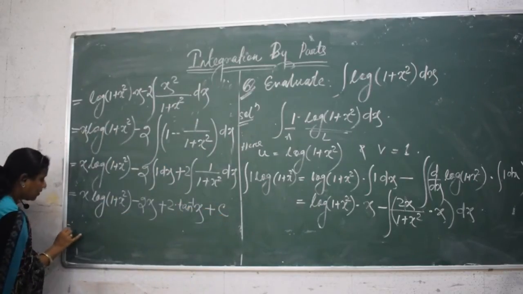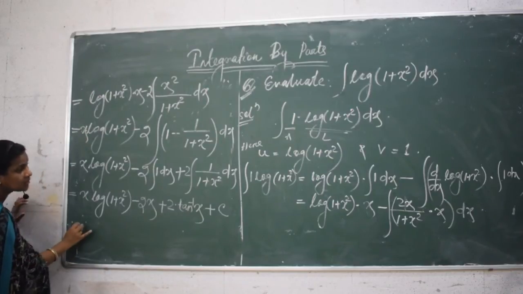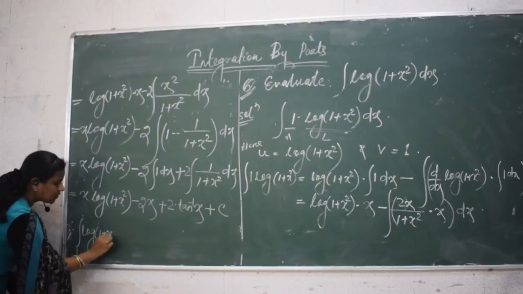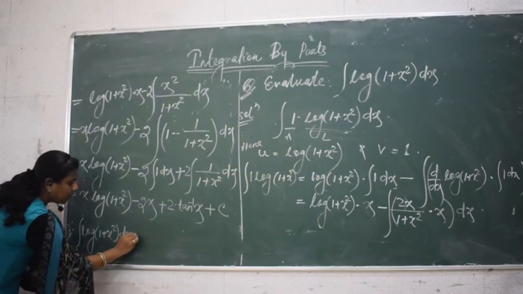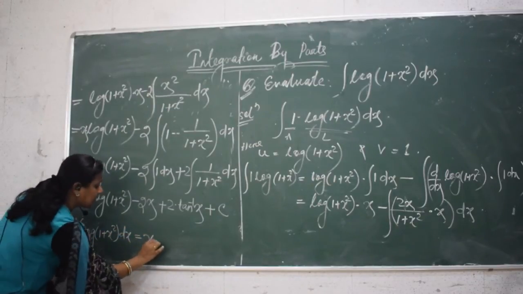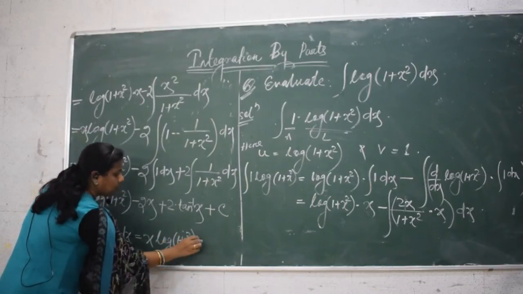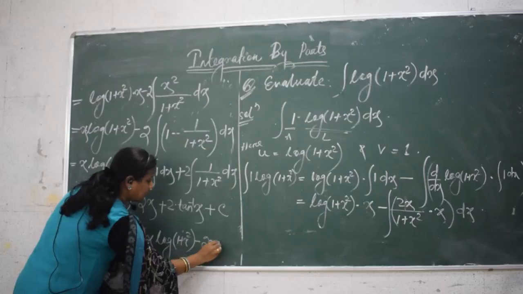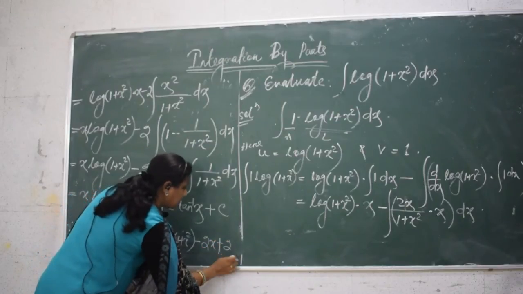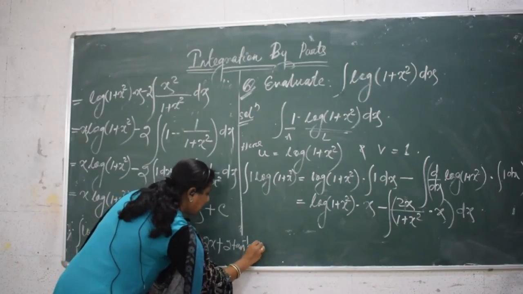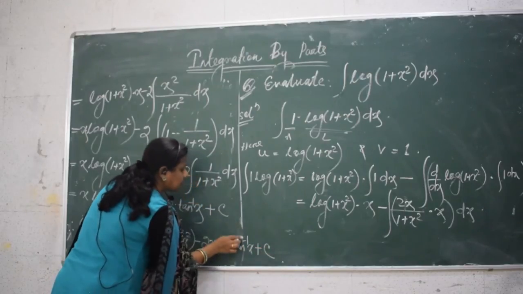So that implies the integration of log of 1 plus x square, you got the answer, that is x into log of 1 plus x square minus 2x plus 2 tan inverse x plus c.